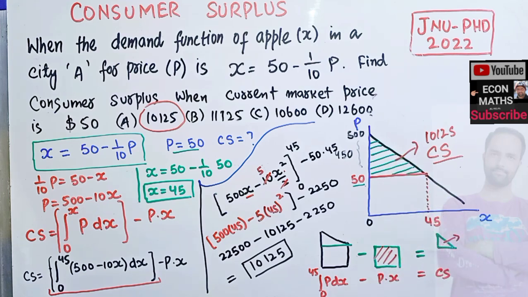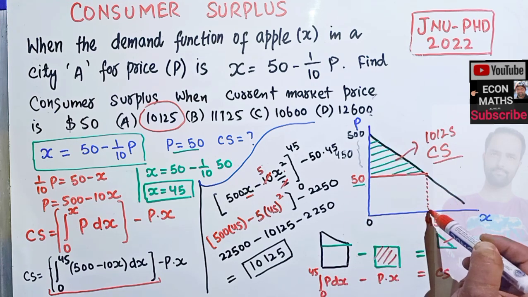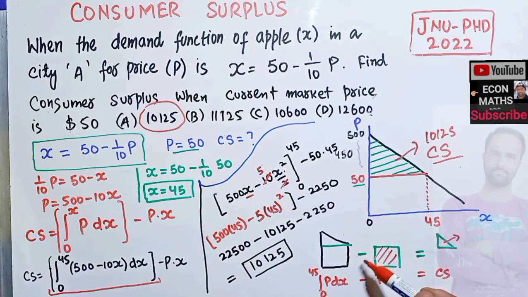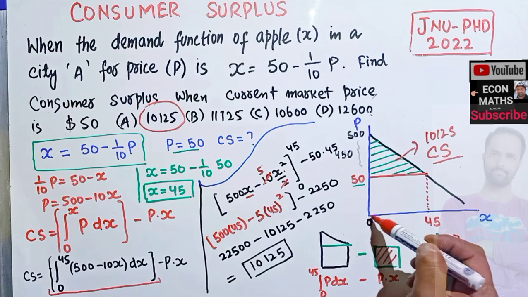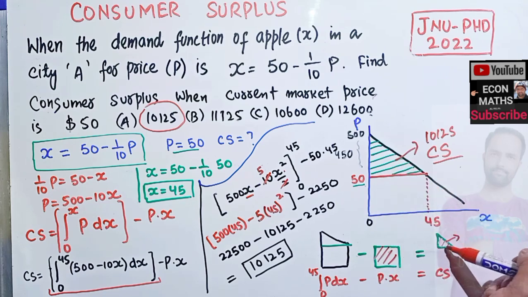So when we take the integral from 0 to x, we are actually getting the area of this whole quadrilateral. From that we subtract the area of this rectangle and we get the area of this triangle, that is our consumer surplus.